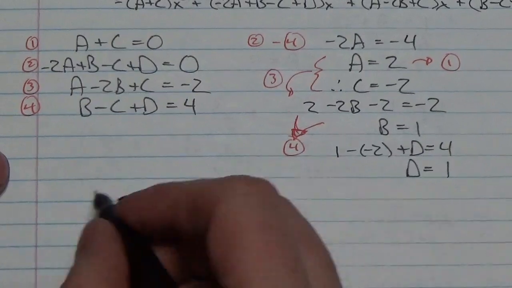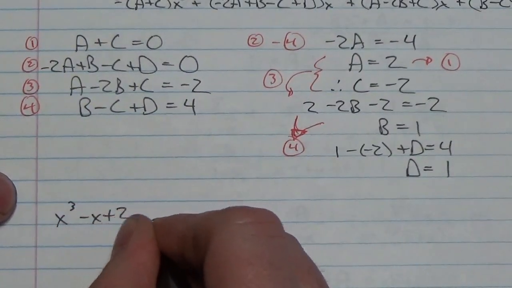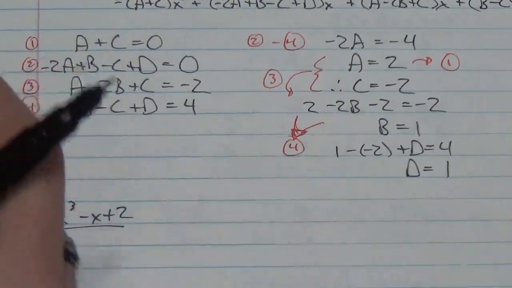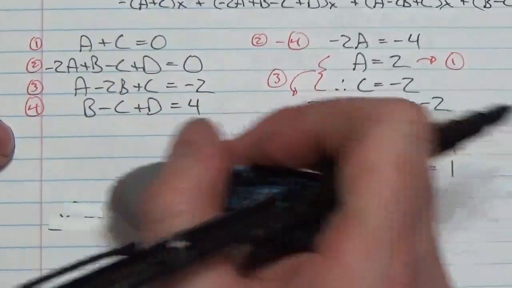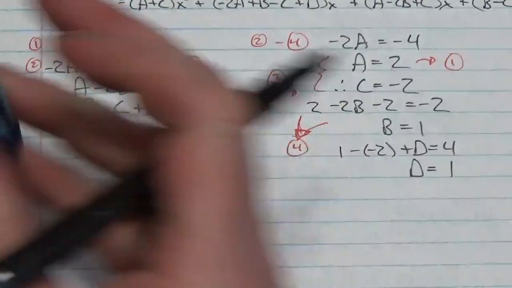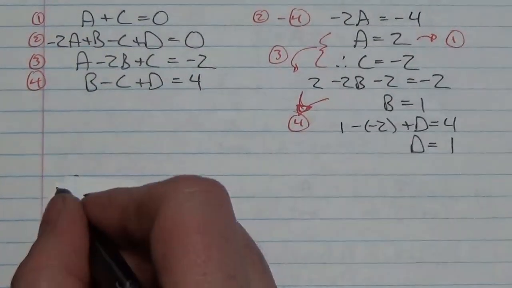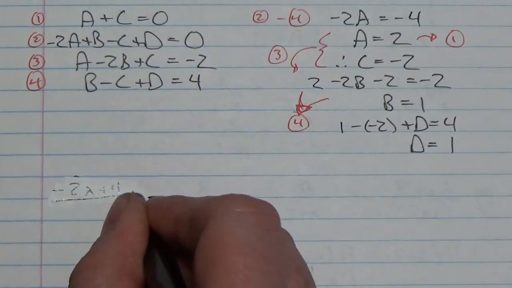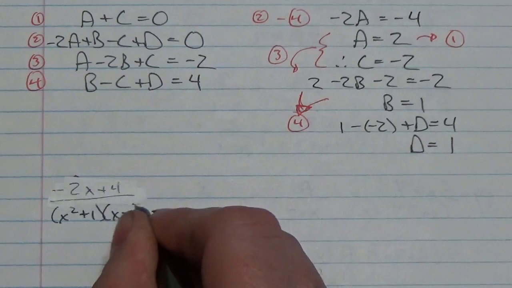So now I know that... I'm looking at the top of my page. I looked right past the one that I'm actually working on. For a minute there I was thinking, wait a minute, I do have a cubic here. Nope. This was negative 2x plus 4 over x squared plus 1, x minus 1 squared.